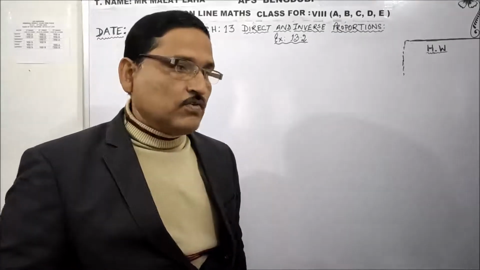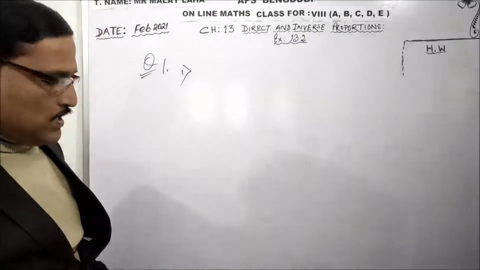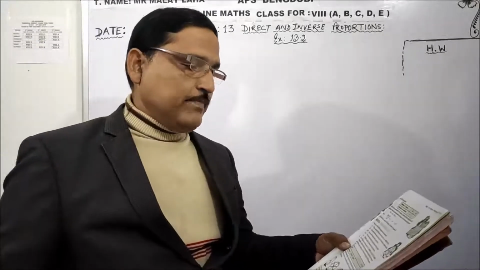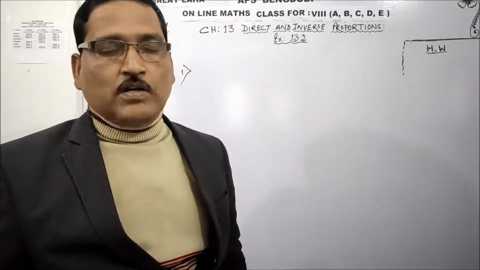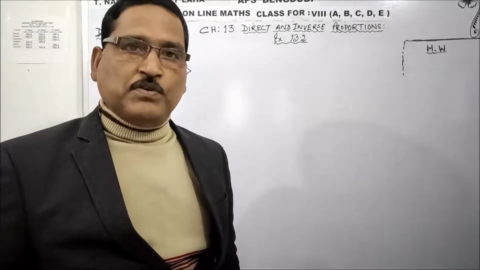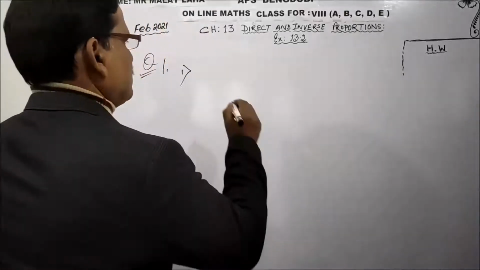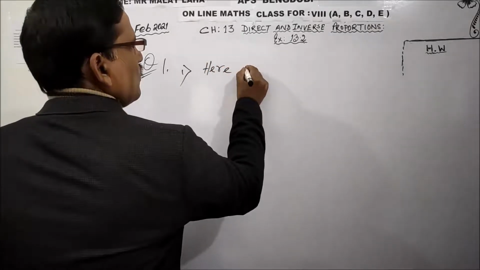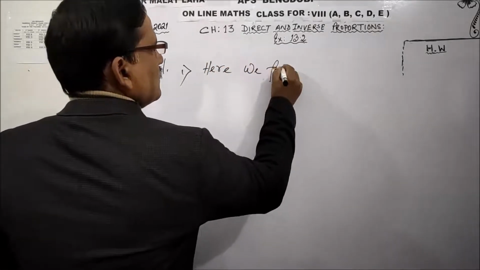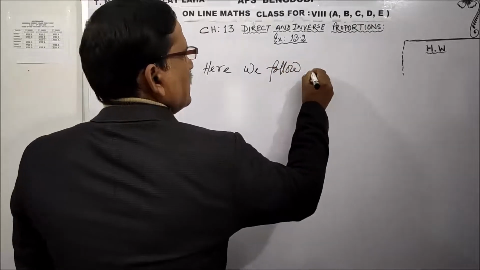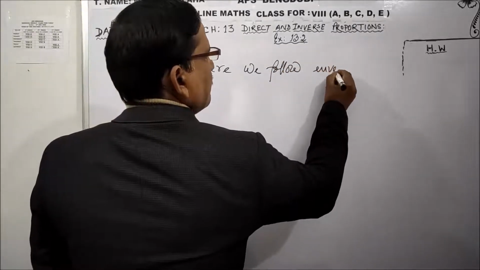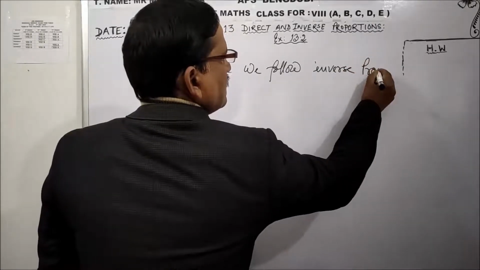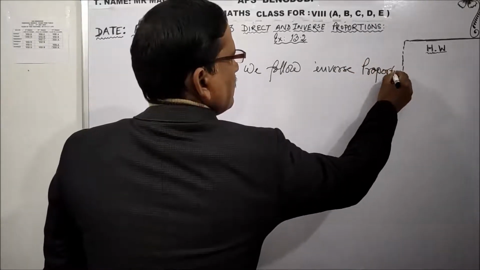So here, for the number of workers on a job and the time to complete the job, we follow inverse variation.